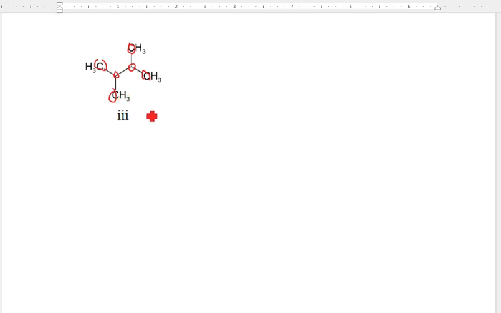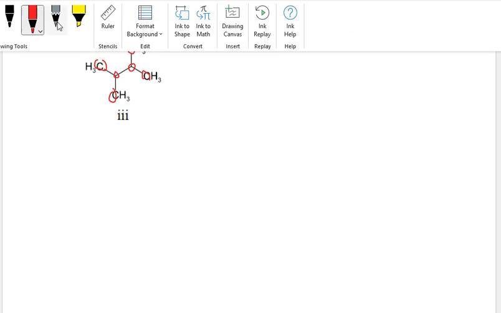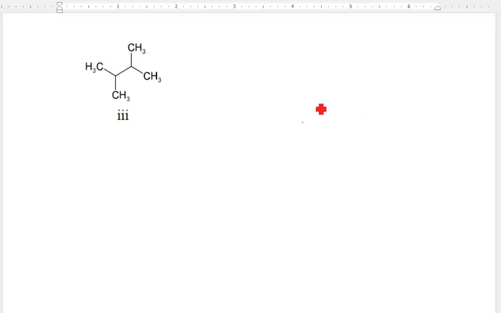Okay. So now how can we name this one? As we did earlier, we choose the parent name. What will be the parent name, and what branches are we having?